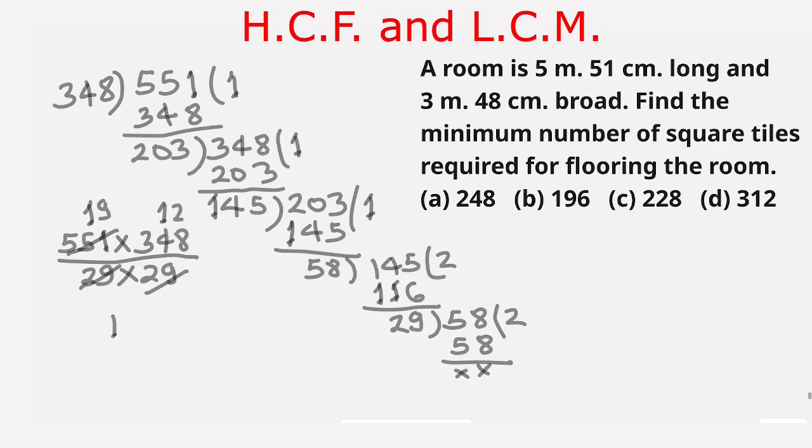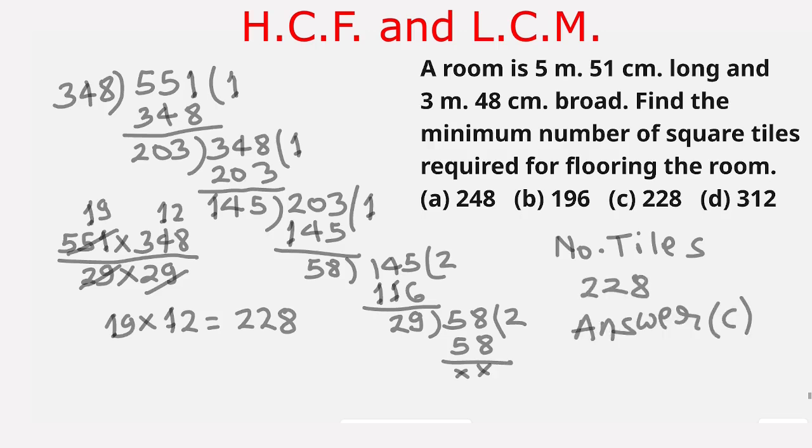So the number of tiles is 19 multiplied by 12, which is 228. Therefore the number of tiles required is 228. And from the given options, our answer is option C, 228 tiles. I hope you have understood the method of solving such type of questions.